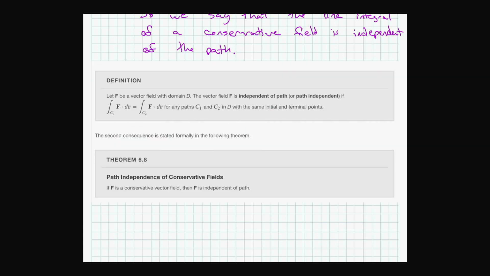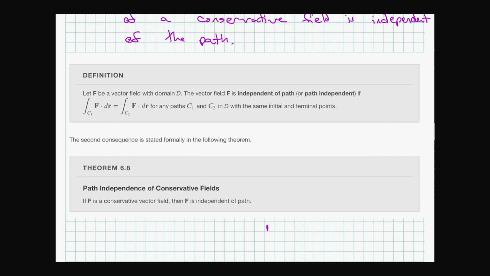All right. So here are some actual book definitions of this stuff. First of all, they separated this out. First, they said, what does it mean to be independent of path? They say path independent if the integral over one curve equals the integral over the second curve, as long as they have the same initial and terminal points, right?